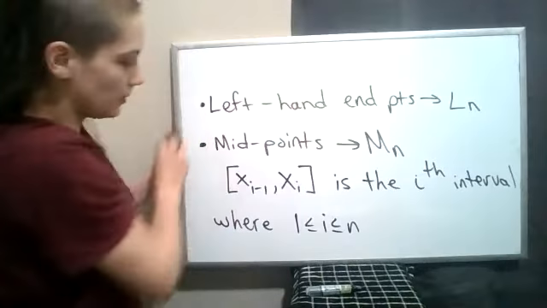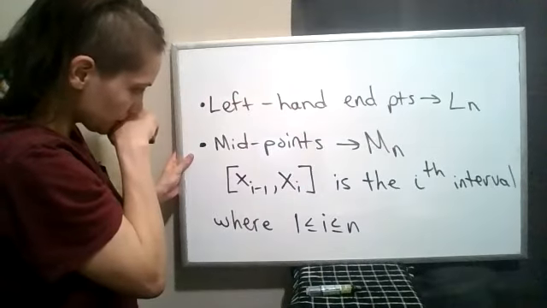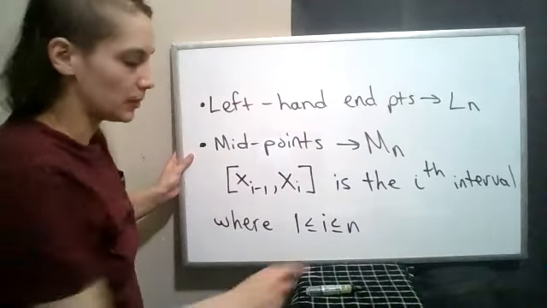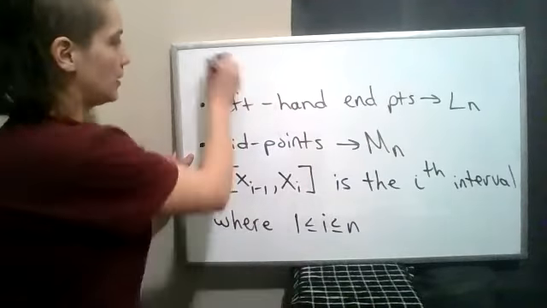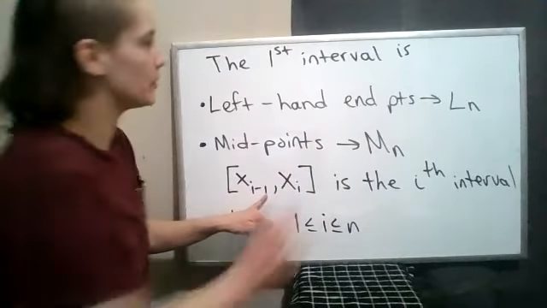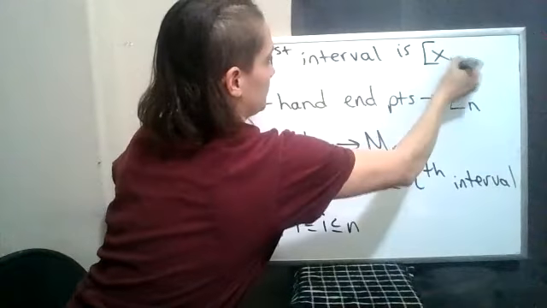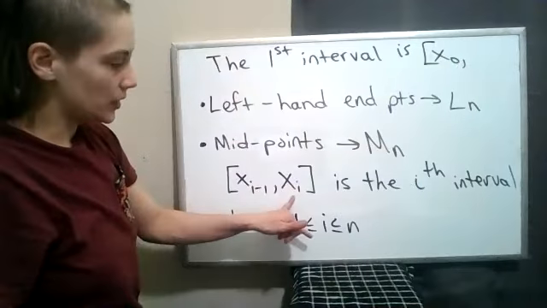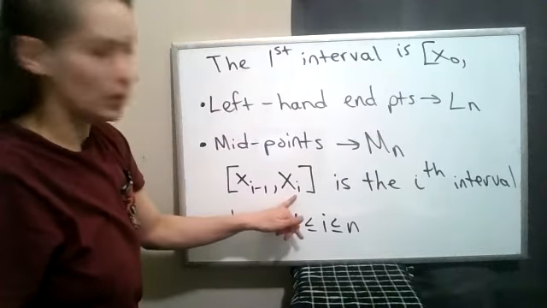I'm going to do one example, like the first interval is when i is equal to 1, that very first value it can be, and you would put in x sub 1 minus 1, x sub 0, and go over to x sub 1.